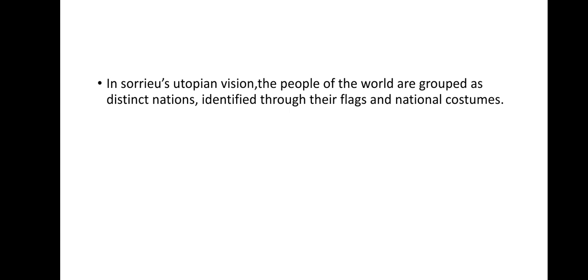Nowadays each and every free country around the globe has its own national song, flag and culture. All nations are free to preserve their culture, to respect their nation, to respect their flag, and so on. But my dear students, go through the point I have written, Sorrieu's utopian vision.